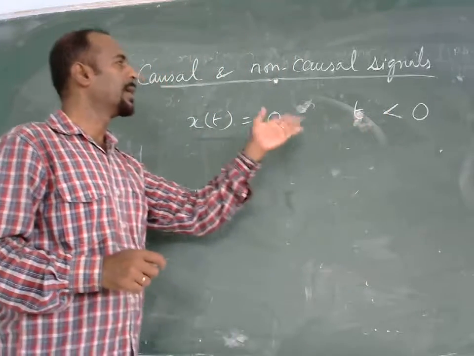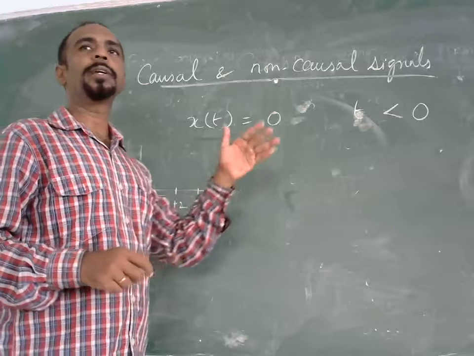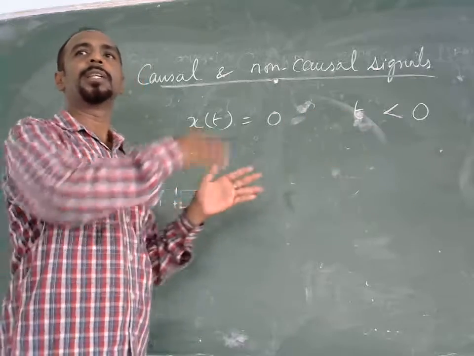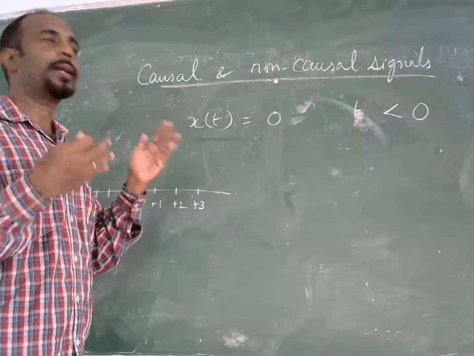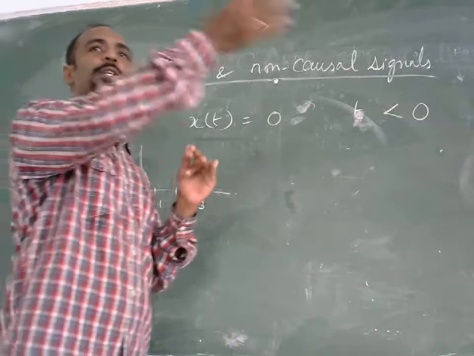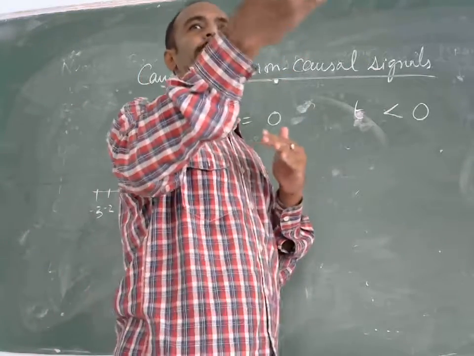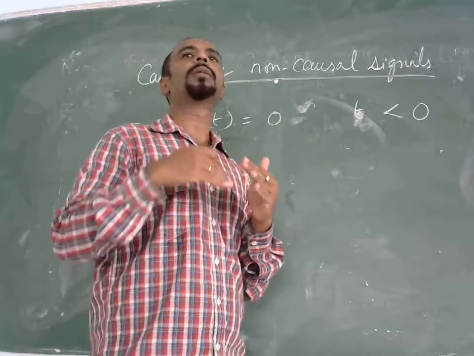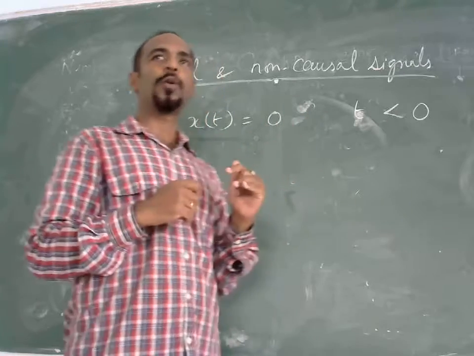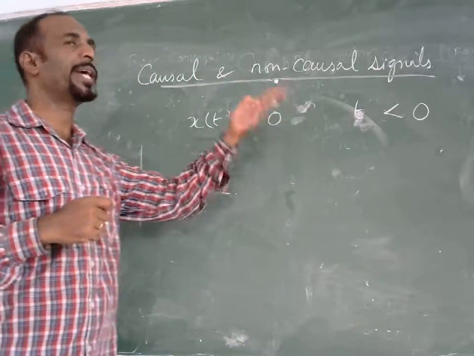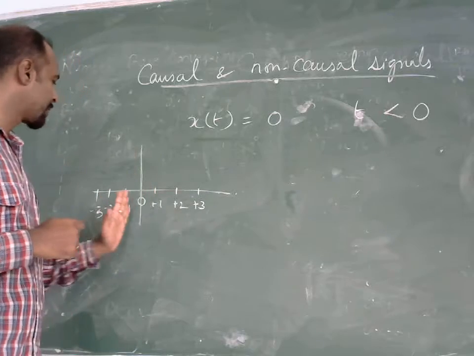Alright, so what are the past values? t minus 1, t minus 2, t minus 3, they are all the past values. What are the future values? t plus 1, t plus 2, t plus 3, etc. They are all the future values. So it should not exist for the future values.